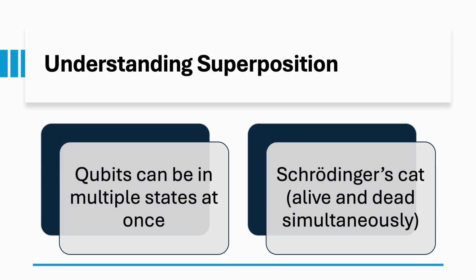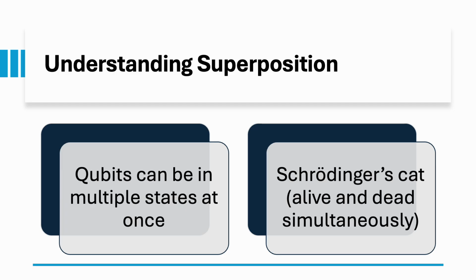Superposition is one of the most mind-bending concepts in quantum mechanics, and it is what gives quantum computers their extraordinary power. In the classical world, things are always in one definite state. A coin is either heads or tails, as mentioned earlier. A light is either on or off, and a bit is either 0 or 1.